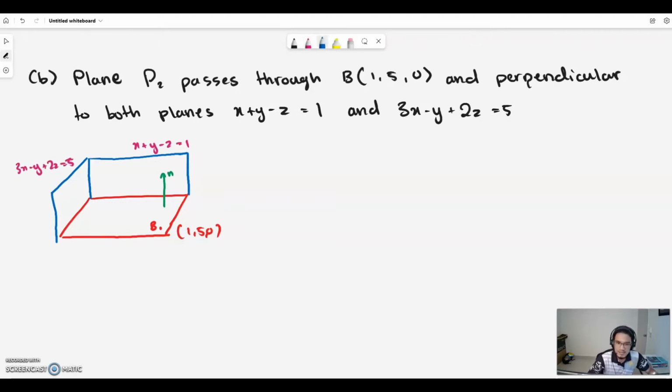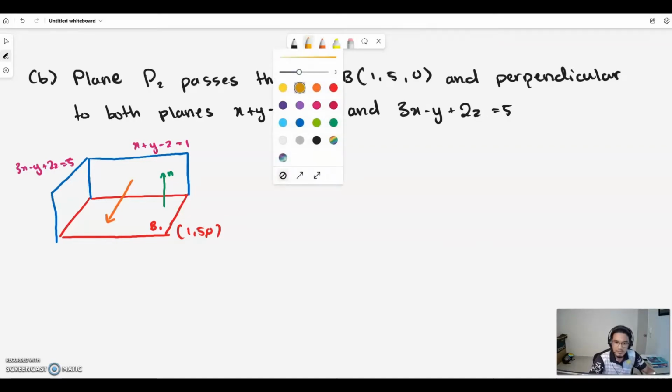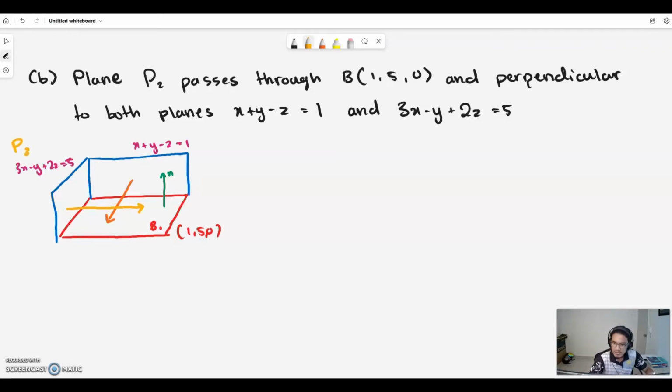Since these two planes are perpendicular, the vector n that is coming out at 90 degrees from the surface of the plane must be in this direction, and another one must be pointing in this direction. So now let's label this as plane P3 and this as plane P4.